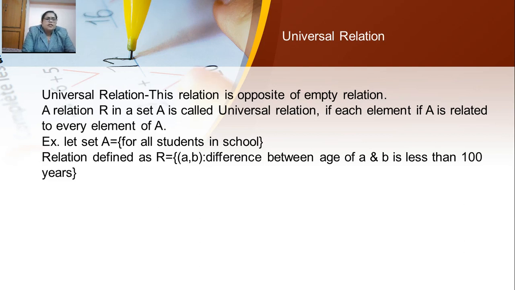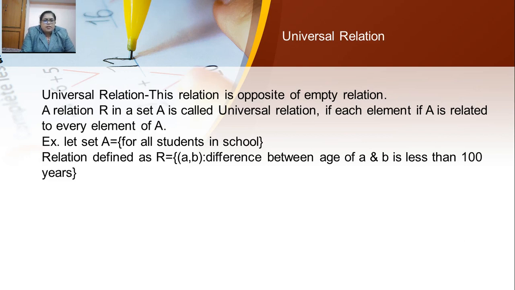For example, let me define a set A equal to all students in a school, and define a relation R equal to {(a, b): the difference between the ages of a and b is less than 100 years}. If the age difference between two students is less than 100 years, this relation is defined for all students in the school.